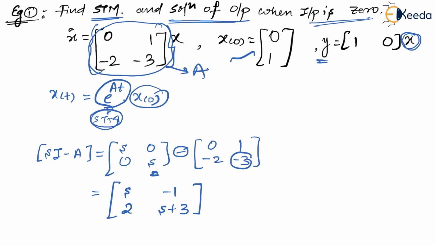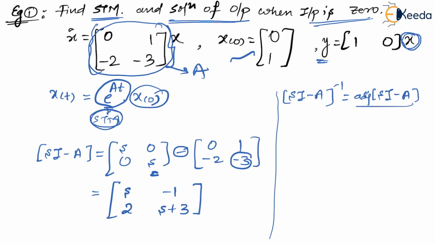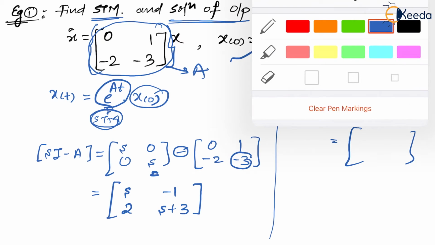Now I want (sI minus A) inverse. It is nothing but the adjoint of (sI minus A) divided by the determinant of (sI minus A). Since it is just starting, I will do it very, very slowly, but at the end we can go fast, no problem. We have seen that already. So what is the adjoint of a 2 by 2 matrix? We know that. Let us think of the shortcut once again.